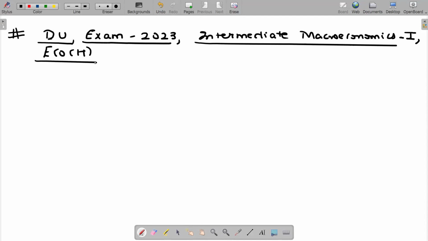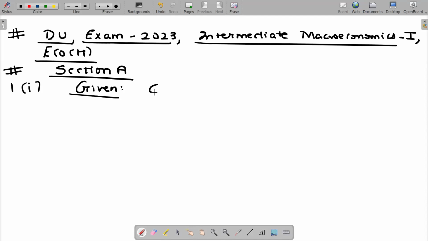Okay, so let's look at section A of this particular question paper, within which I am solving problem 1, part 1 of this problem. We are given that the economy is closed and there has been a decrease in taxes.